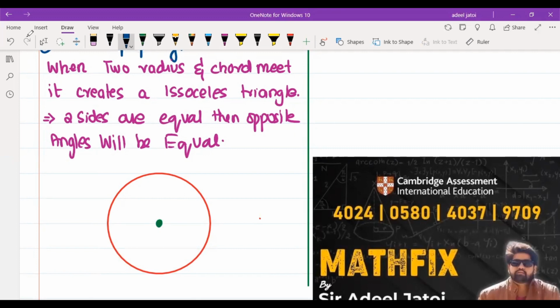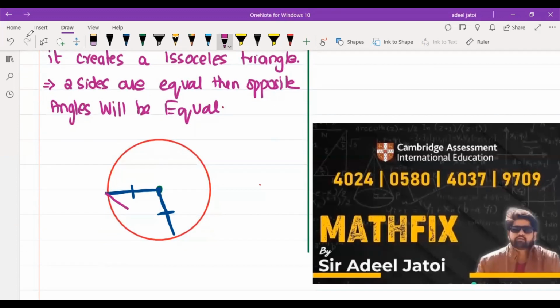In that center of the circle, we can see that this is your radius. Obviously, it is connecting center of the circle and point on the circumference. There's another radius. So these two radius will be same because the length is same. And when these two radius meet the line which is known as your chord, if you see, it creates a non-right angle triangle.